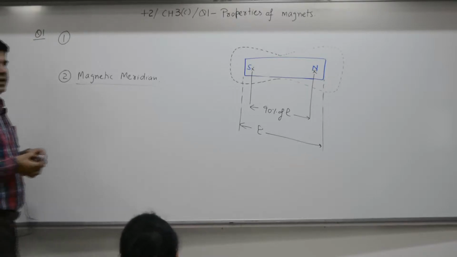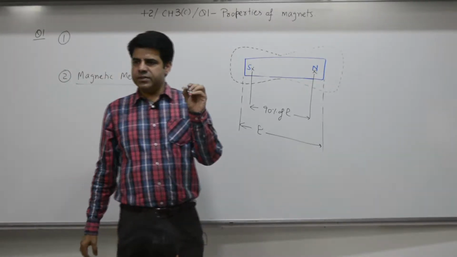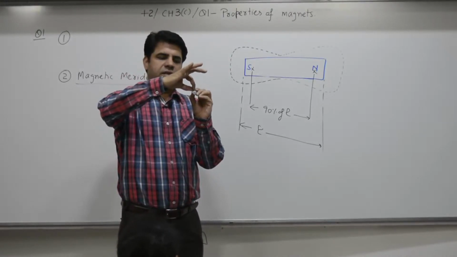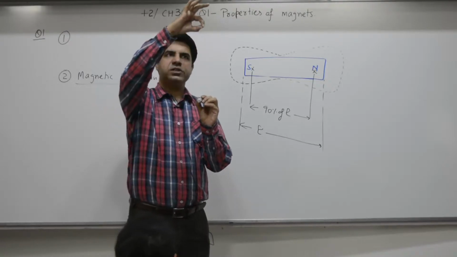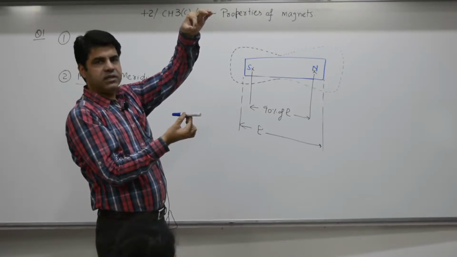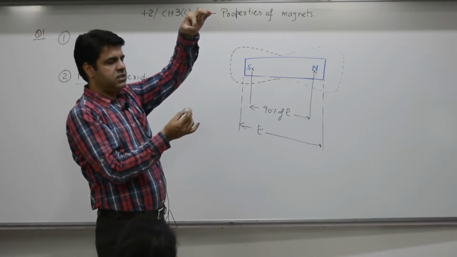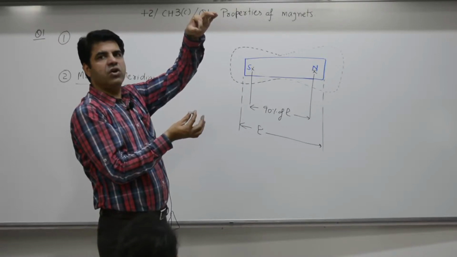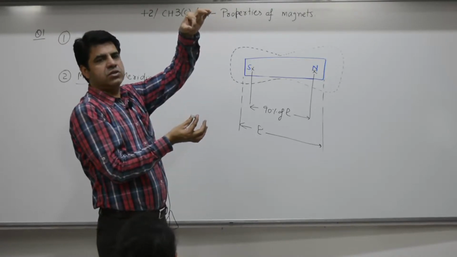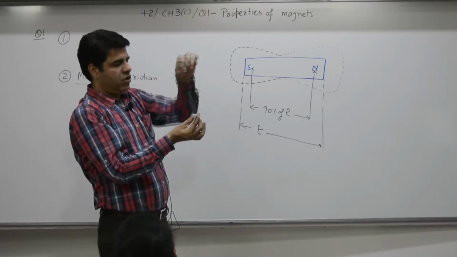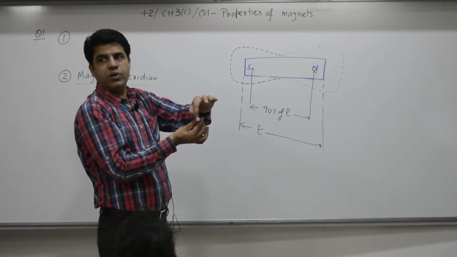Let us perform the experiment here. Take a magnet, and at the center have a thread and take this thread to a point of suspension. Displace it. If you displace it, this magnet will have a tendency to align itself along which direction? North-south direction. So, point of suspension is one point, north face the second point, south face the third point.